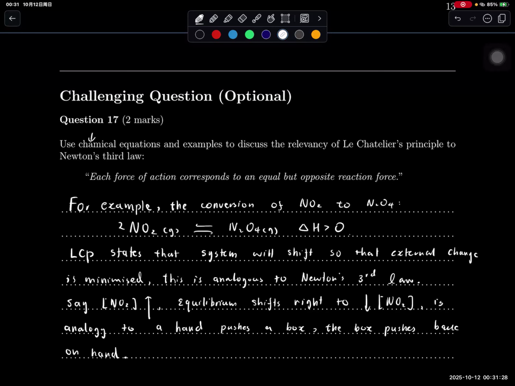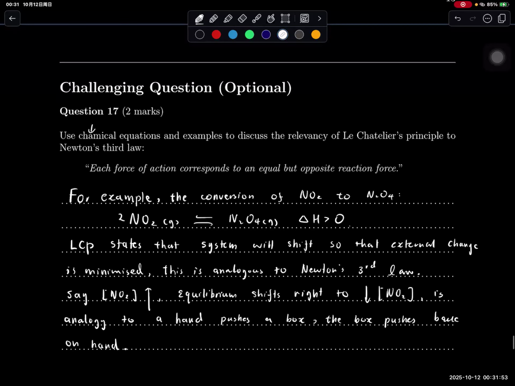In Le Chatelier's principle, the opposing effect is like the opposing force from Newton's third law. It's basically the same. We have this because energy must be conserved. Any change to any system has a consequence, and that consequence always tries to minimize the change. That is this conservation.